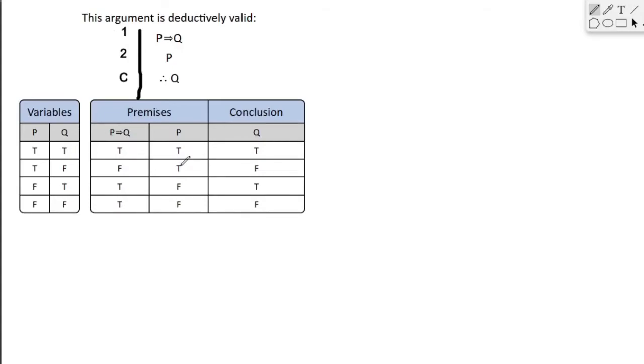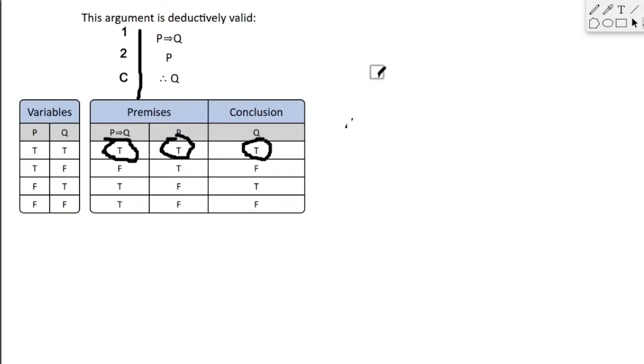The way that you test for validity is, whenever the premises are true together, is the conclusion true? If this case happens, we're good.